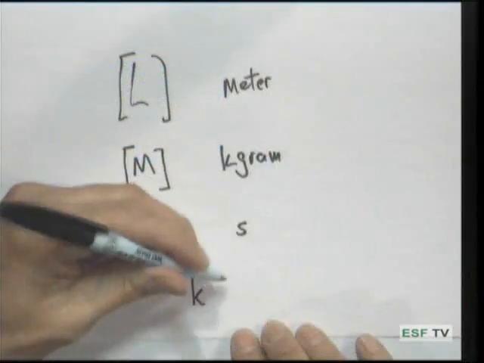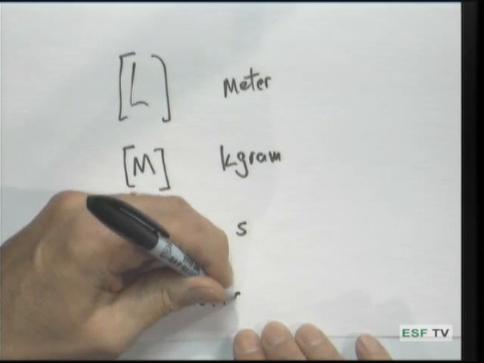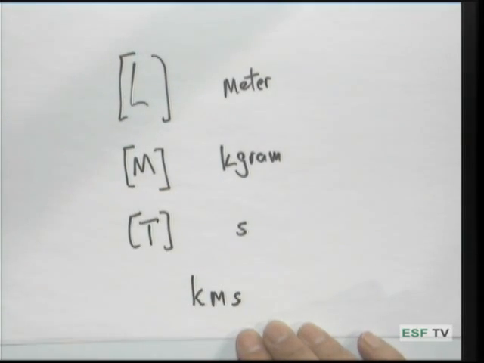This led to the kilogram, meter, second system, which forms the foundation of our modern system of units. And this was basically in place by the beginning of the 20th century.